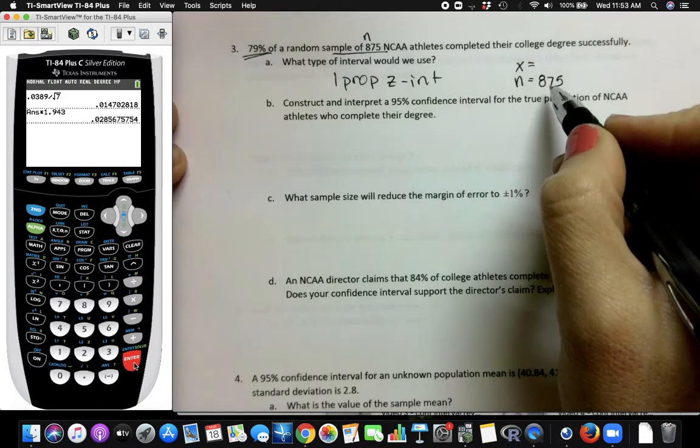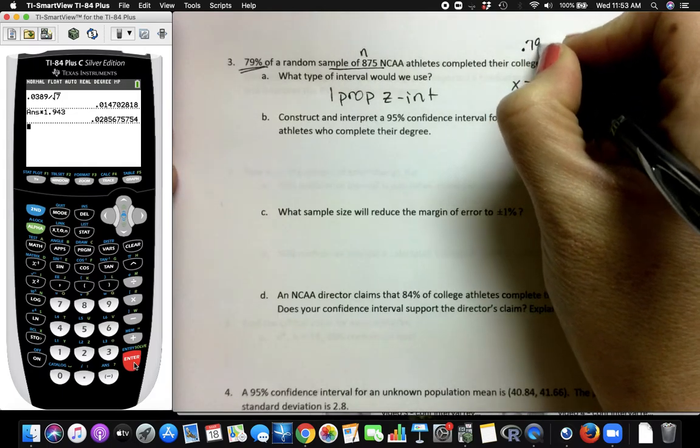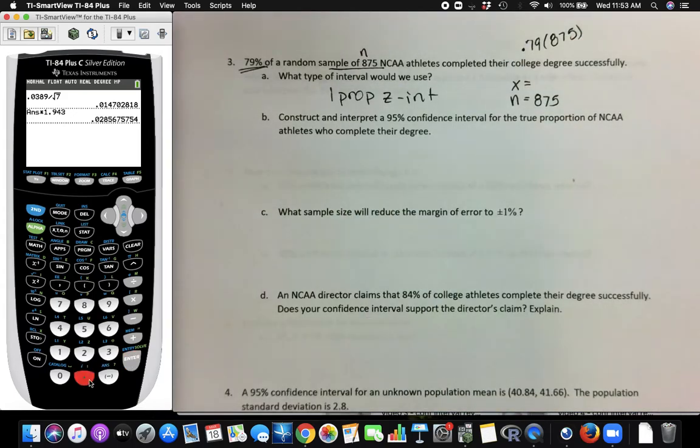So what we have to do is figure out what x is by calculating 79% of our total. So if I do 0.79 times 875, I get 691.25. Now, one thing that I want to show you, if I do 691 divided by 875, I get pretty close to 79%.